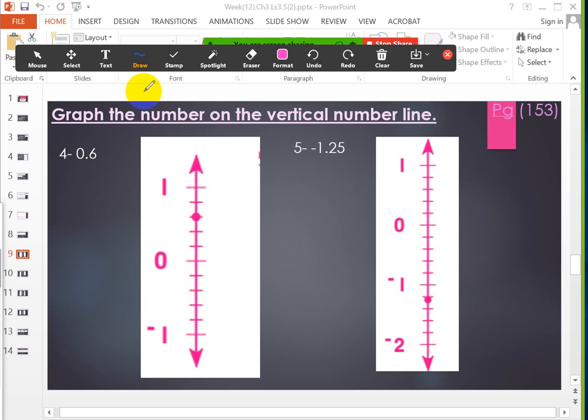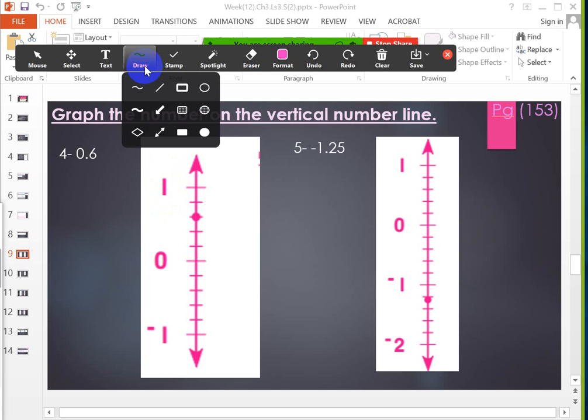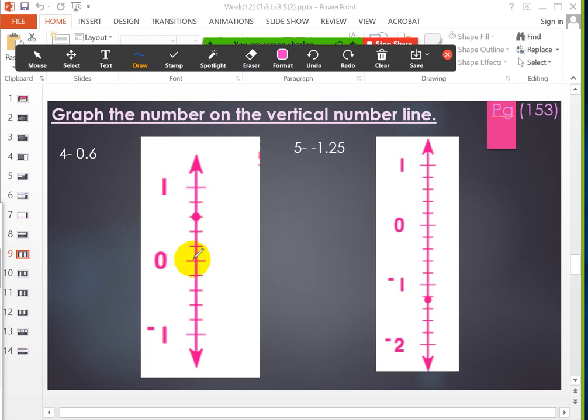Girls, if you don't have a space in the book, please bring a paper and ruler, and you can draw the number line with me, and then see how to locate the numbers or rational numbers on the number line.